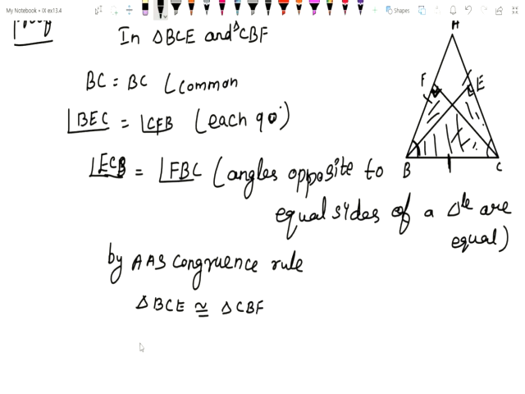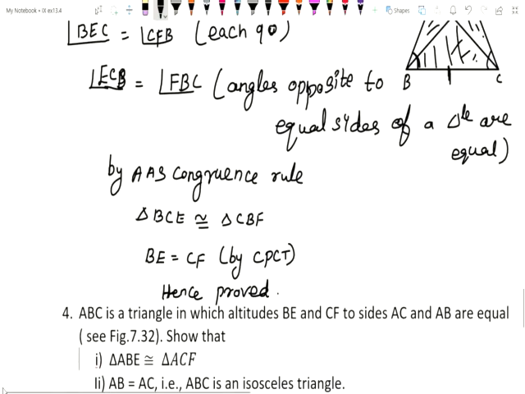Next, BE equal to CF by CPCT. Hence proved. We needed to prove both the altitudes are equal, and now we have proved it. Is it clear, children? See the next one.